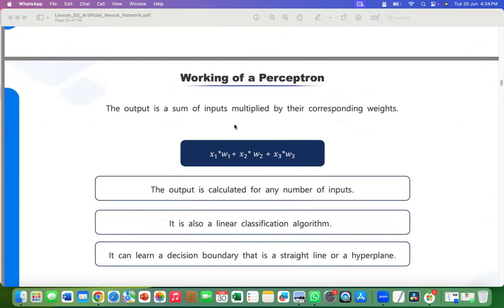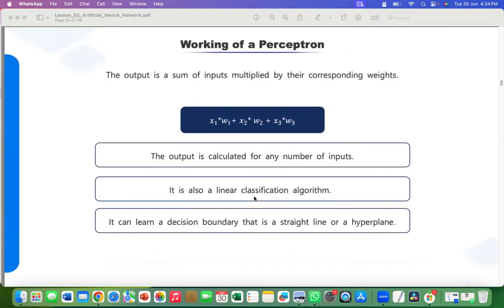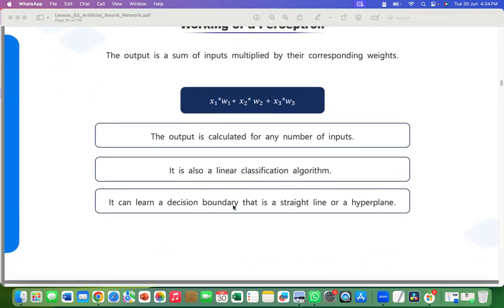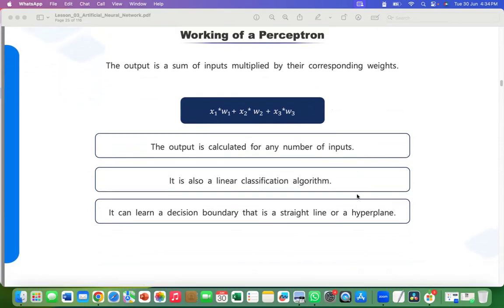The output is a sum of inputs multiplied by their corresponding weights. So output is equal to x1 w1 plus x2 w2 plus x3 w3. Output can be calculated for any number of inputs. It is also a linear classification algorithm. It can learn a decision boundary that is a straight line or a hyperplane.